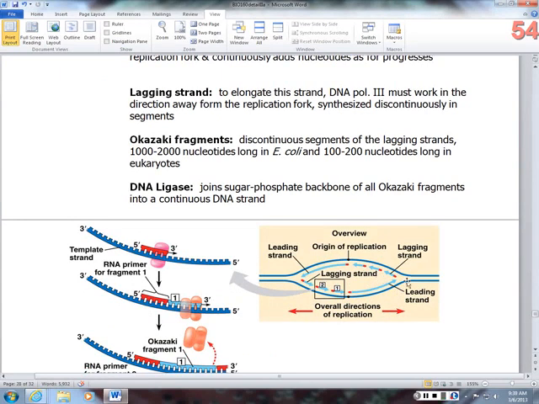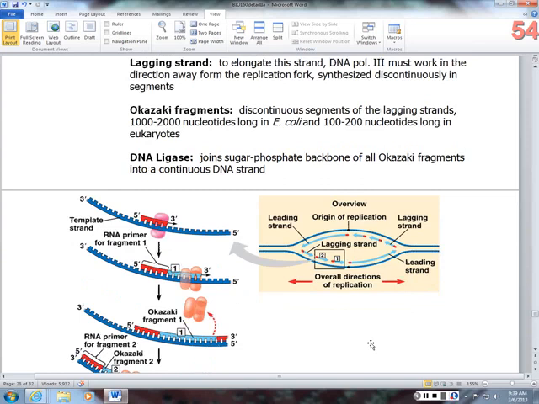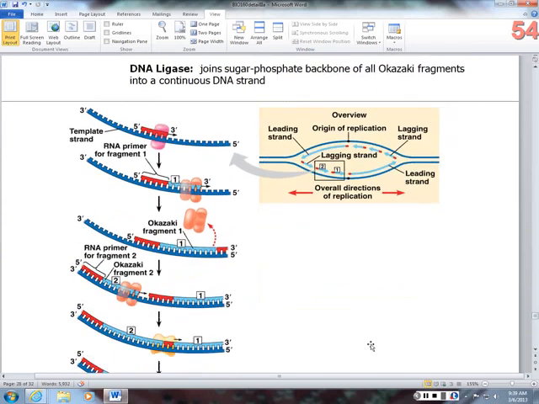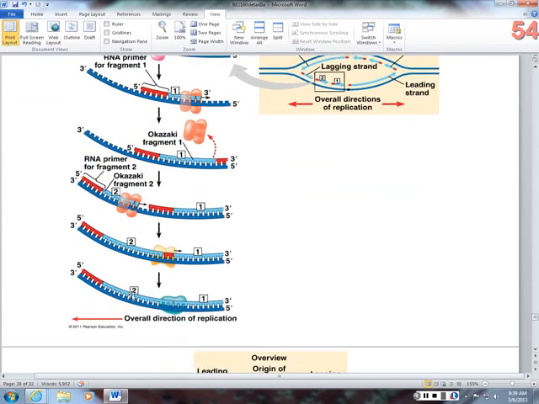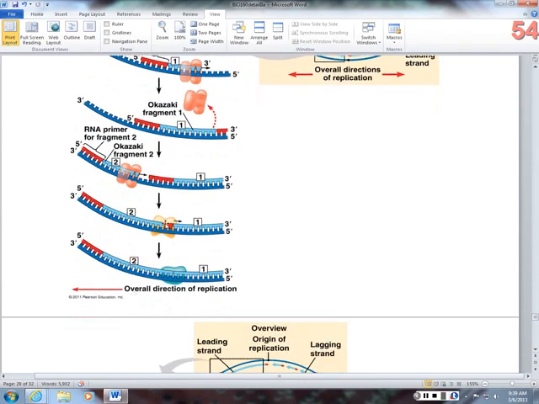So this picture here shows it where you've got your replication fork, and this is going along in here where you get to have it all be one nice smooth process. And with this one, you get to do here back, here back, here back, and move here back like that. So you do it in the little chunks.